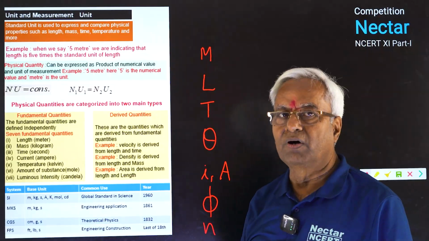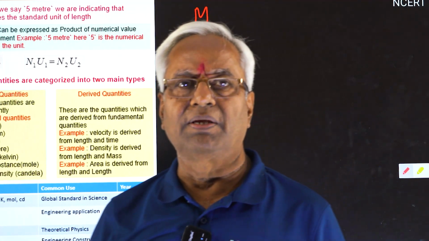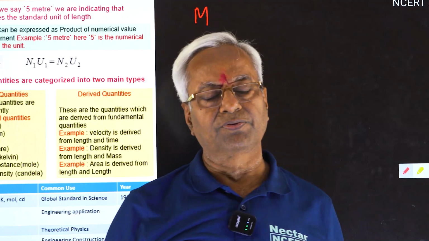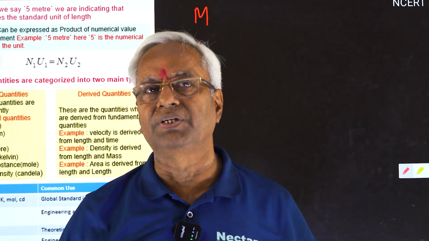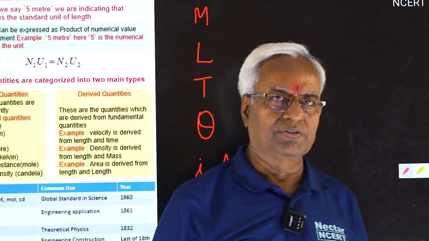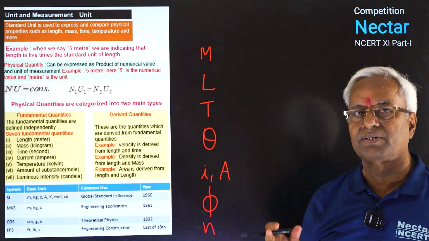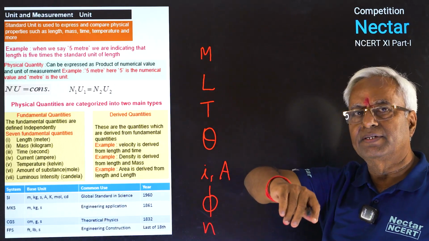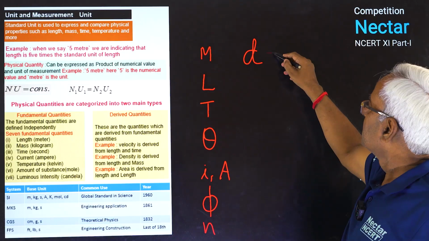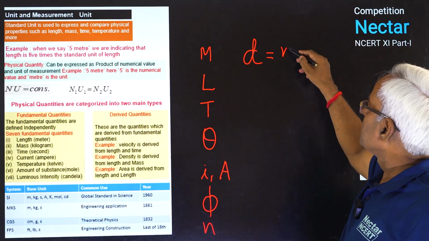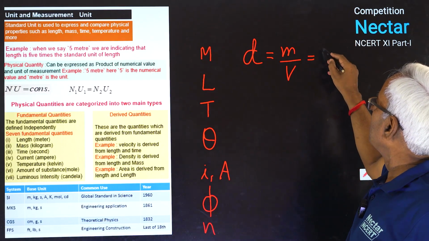7 fundamental quantities. Other than the 7 fundamental quantities, whatever remains shall be known as derived quantity. Any derived quantity, howsoever complex it is, you can split into terms of fundamental ones. For example, suppose density, it's mass upon volume.